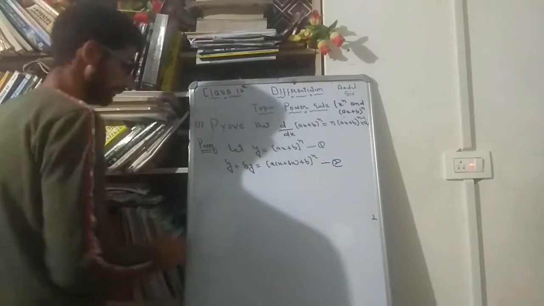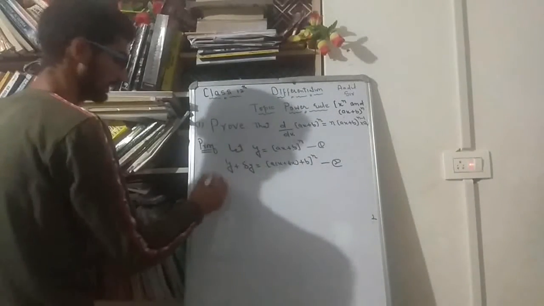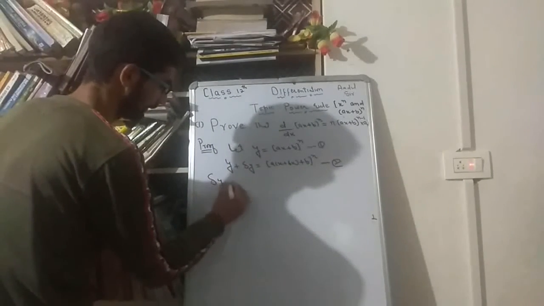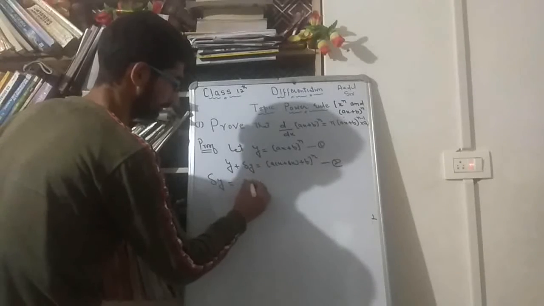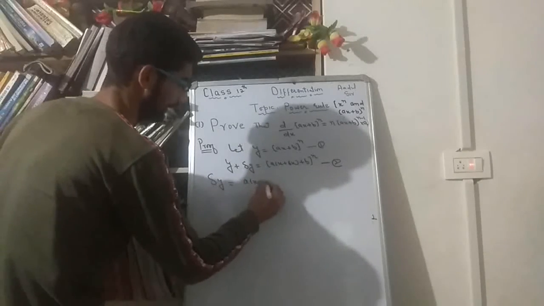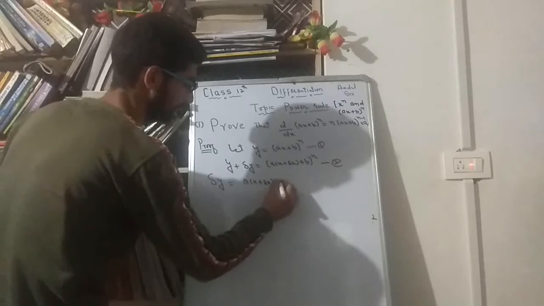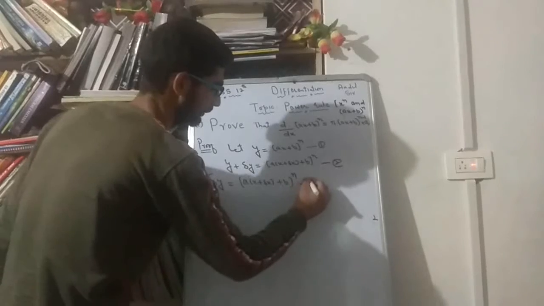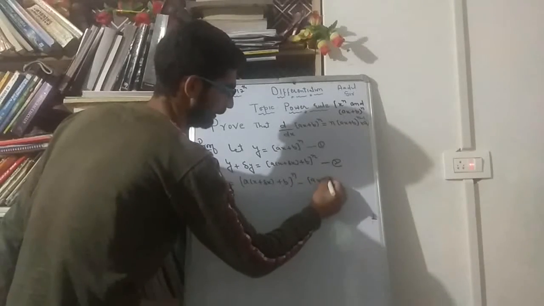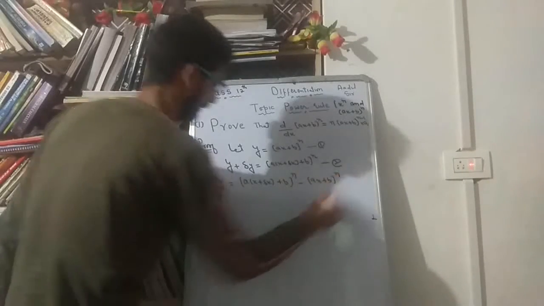That is our second step. So y and y will get cancelled. It will become del y equals (a(x plus del x) plus b) whole raised to the power n minus (ax plus b) raised to the power n.